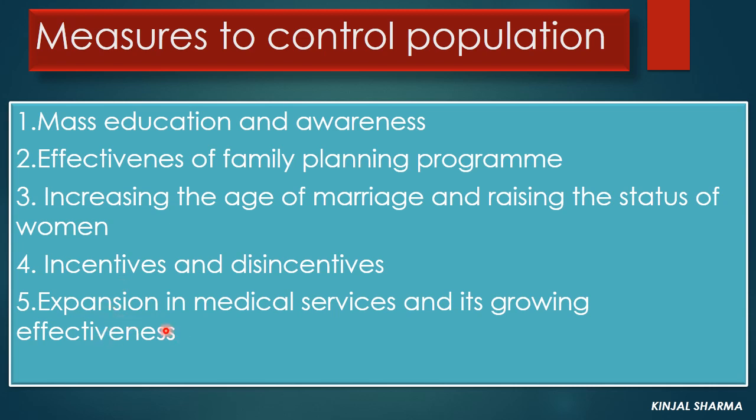Next comes expansion in medical services and its growing effectiveness. As we all know, if medical services are advanced and new inventions are made, we can lower the death rate through good medical facilities, right? In India, the death rate has come down, but it is still higher than in some developed countries.